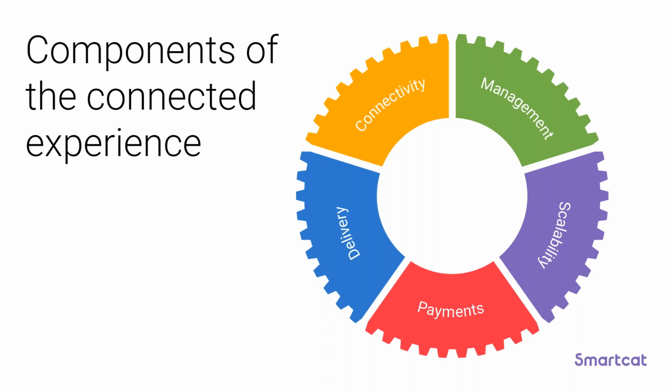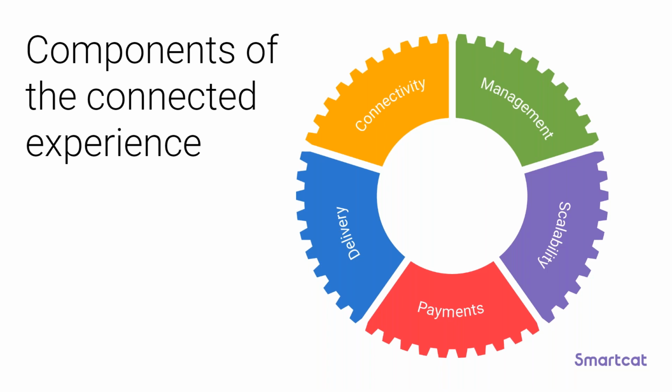So to scale your project efficiently, you need to be able to search for freelancers, to test them, and to add them to the project. That's what we have as part of our vendor LSP marketplace and freelancer marketplace, and also payments. To have the loop closed, you need to pay people, and that's also a component of Smartcat.